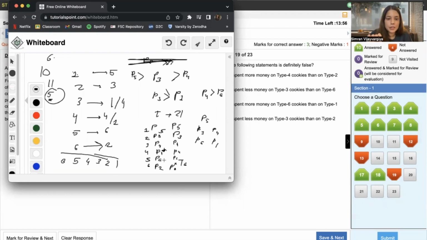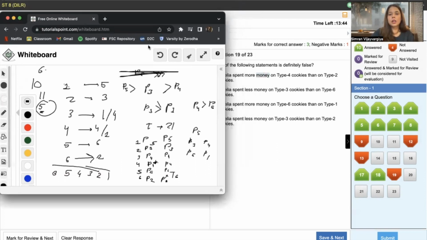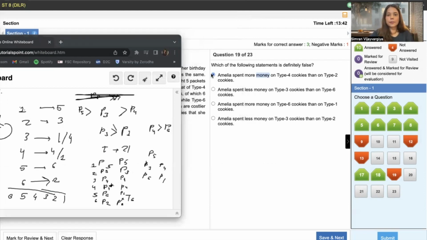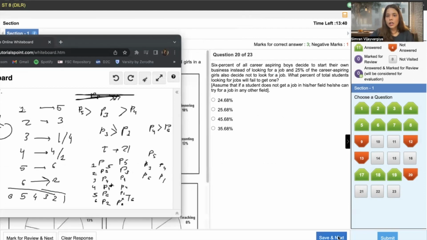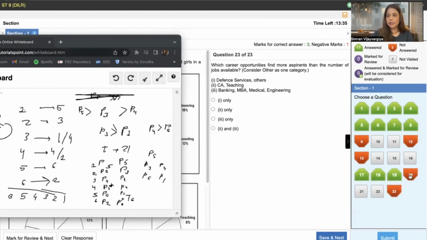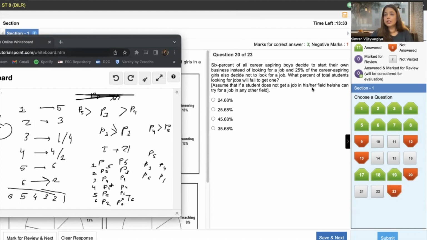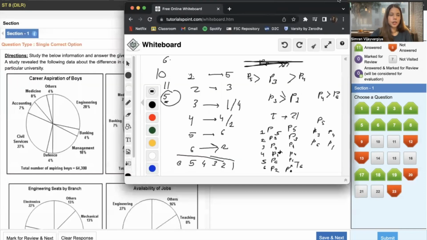Less money on type 3. No. More money on type 4 than on type 2. Yes, this sounds true. Okay. Great. Okay. So let's try to do this. Then we'll go back to these 2 sets if we have time remaining.